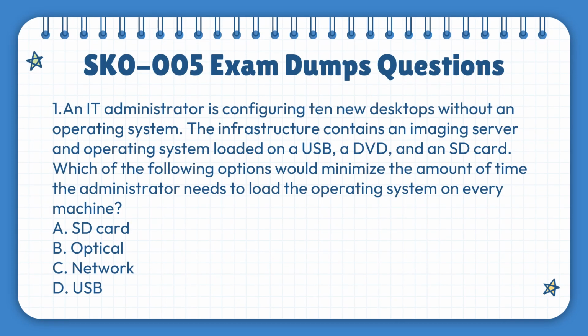1. An IT administrator is configuring 10 new desktops without an operating system. The infrastructure contains an imaging server and operating system loaded on a USB, a DVD, and an SD card. Which of the following options would minimize the amount of time the administrator needs to load the operating system on every machine?